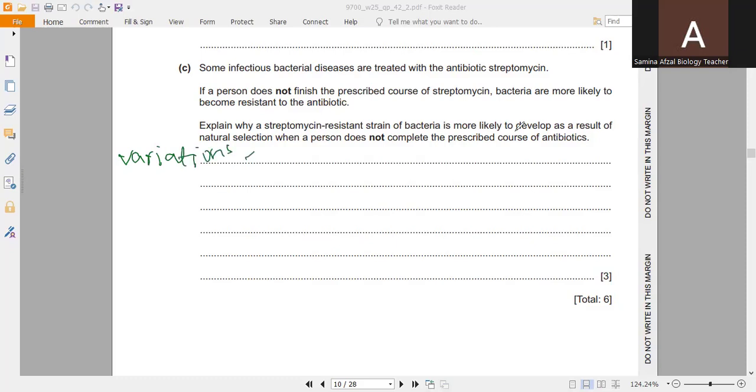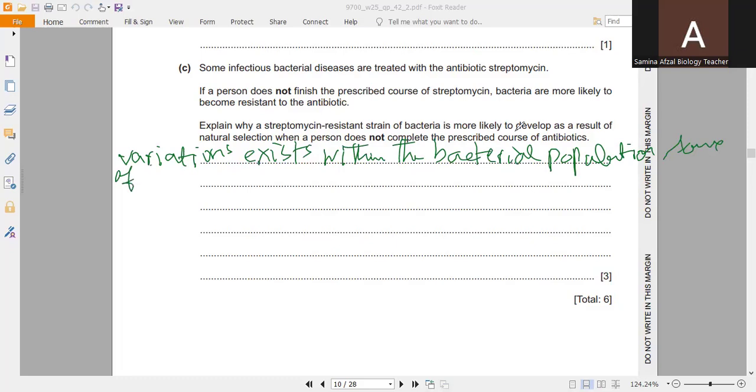Variations exist within the bacterial populations. Some of them show resistance due to mutation.